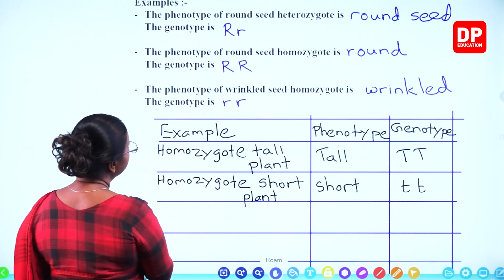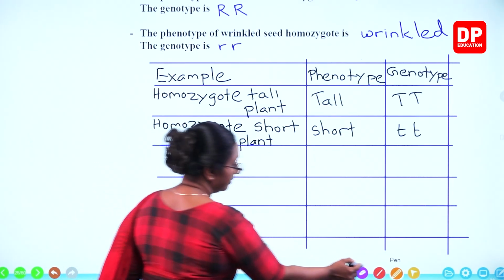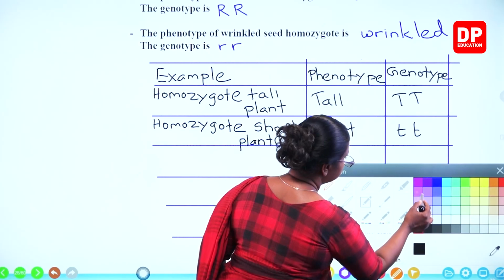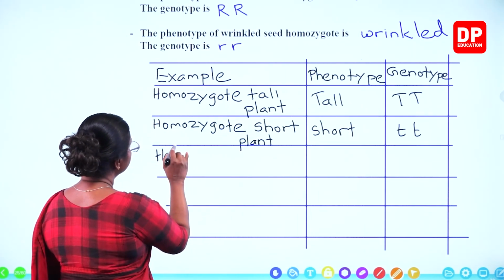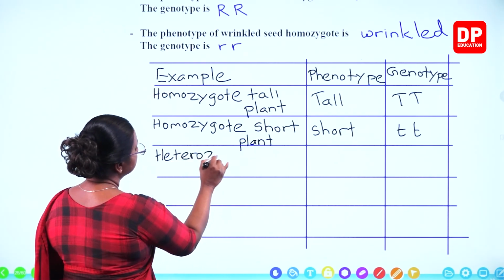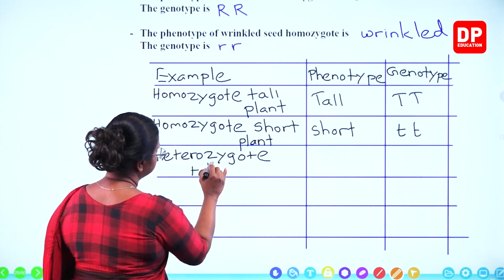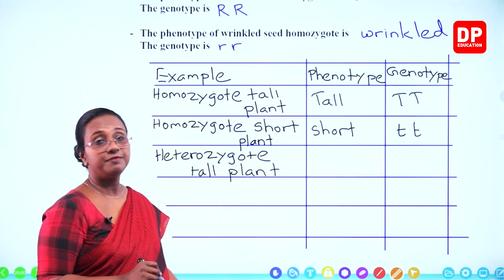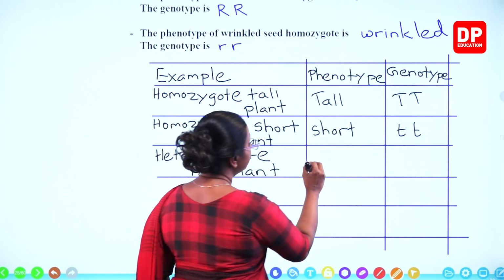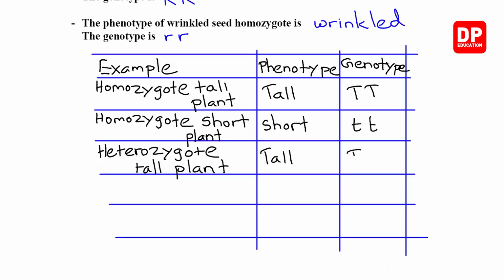Then, let's say the third type, we'll have the heterozygote tall plant. Heterozygote tall plant, what is the phenotype? That is also going to be tall. And the genotype, capital T, simple T.